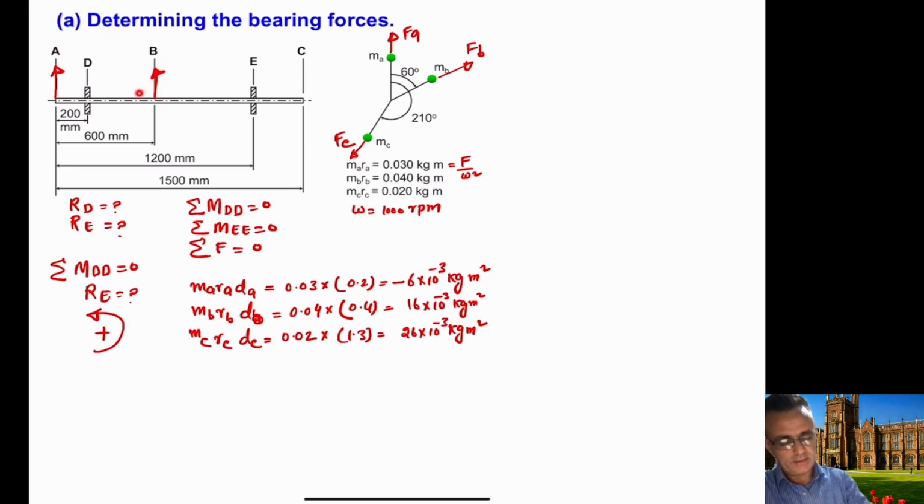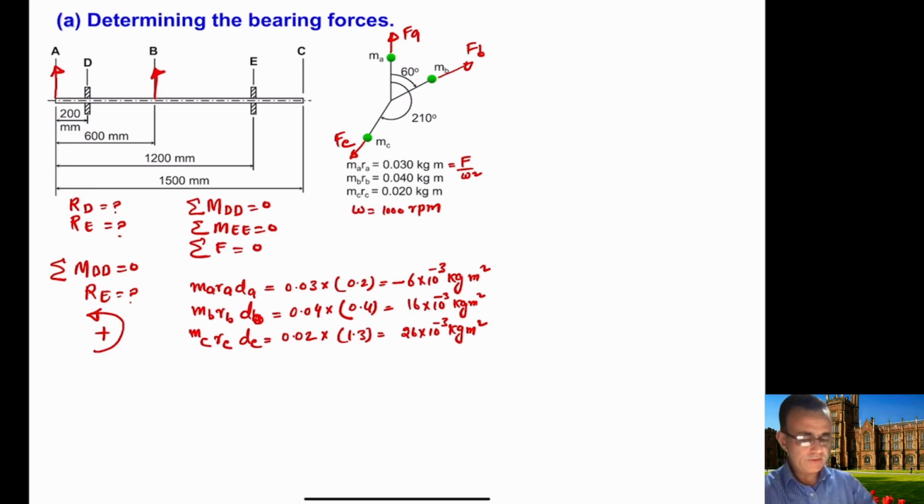And the one on the right hand side, if it is a positive force, will create a counterclockwise couple, and if you take the counterclockwise as positive, therefore you are putting a negative sign here, so it's a negative moment here.